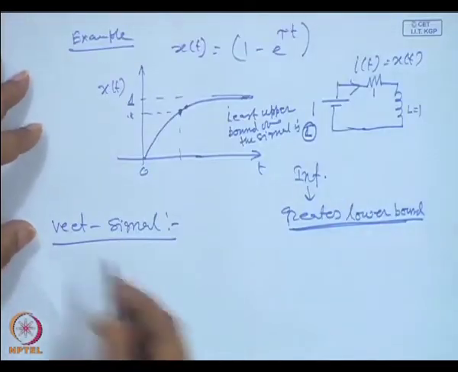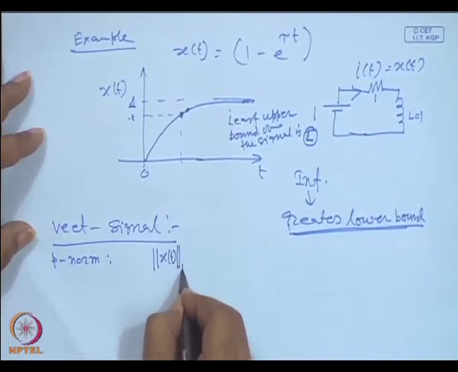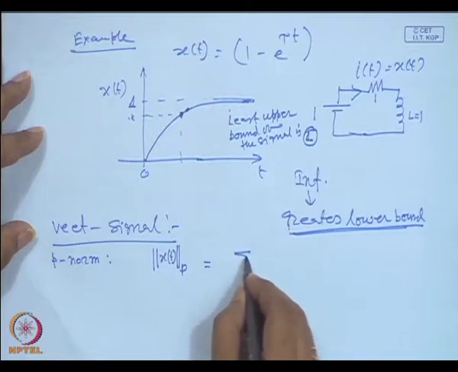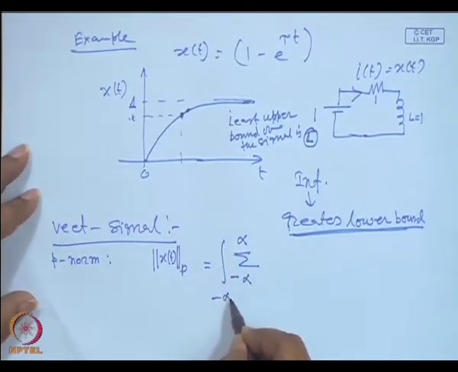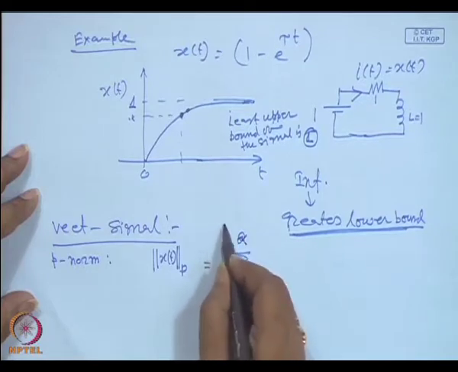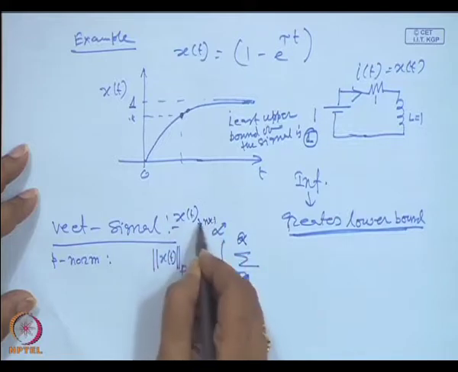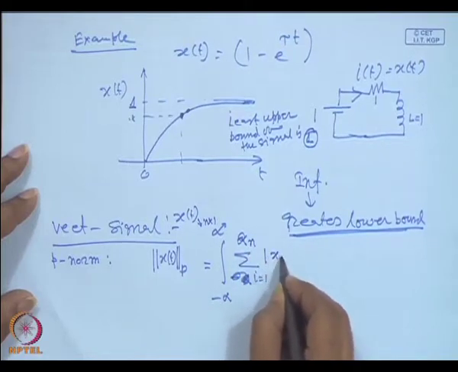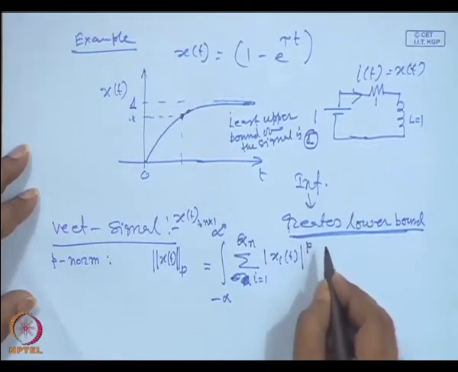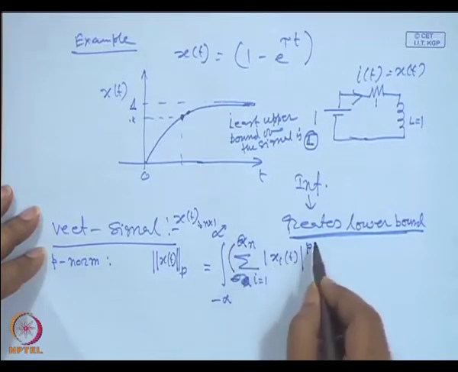The p norm in case of a vector is the integration from minus infinity to plus infinity of the summation over i equal to 1 to n of mod x i of t mod p, the whole thing to the power 1 by p. Here x of t is a vector whose dimension is n cross 1.